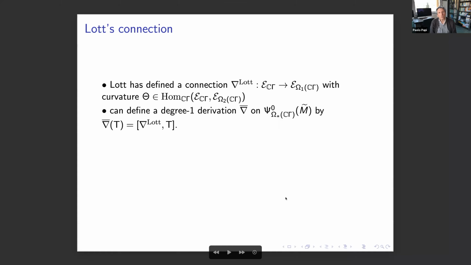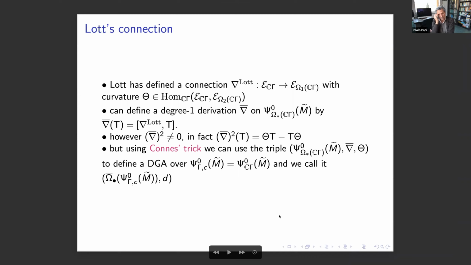Now you can define a degree 1 derivation on the pseudo-differential operators simply by taking the commutator with this Lott connection. Of course, this derivation does not have square equal to 0. So you haven't got a complex, but you can say exactly what the square of this nabla bar is. I wrote it here.